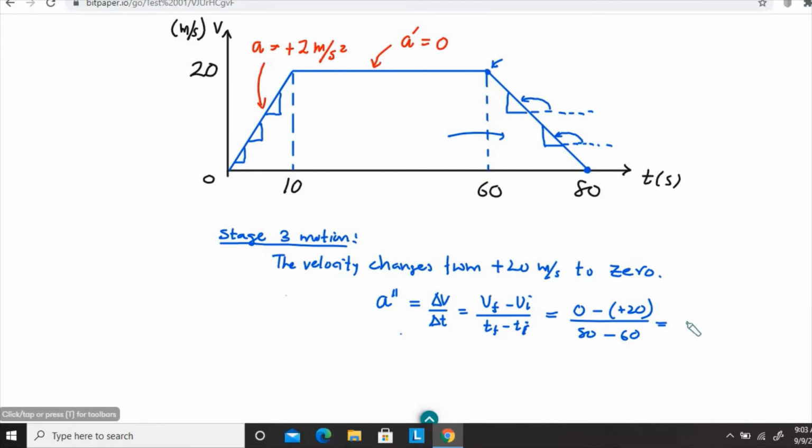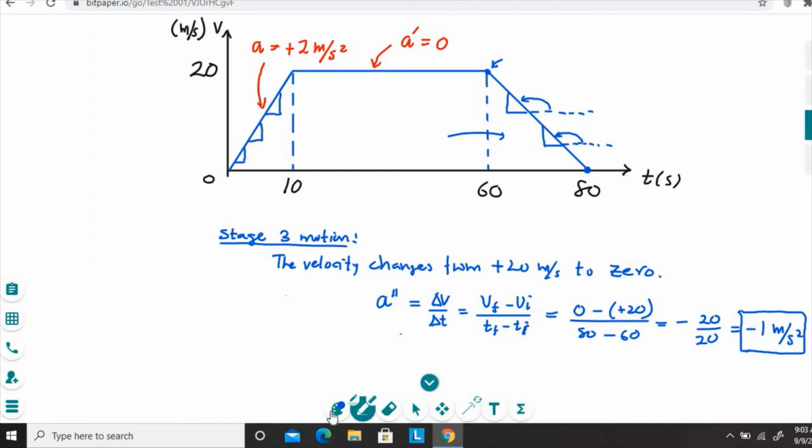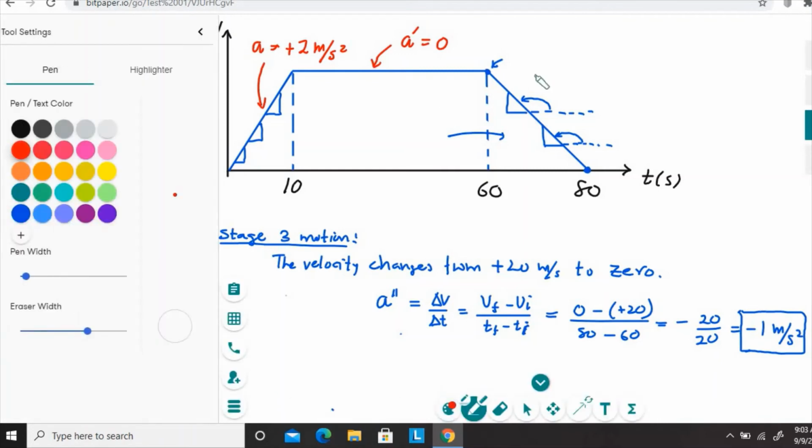So here you are going to get minus 20 over 20, making it minus 1 meters per second squared. That is the answer for this third stage. The acceleration, a double prime, is minus 1 meters per second squared.